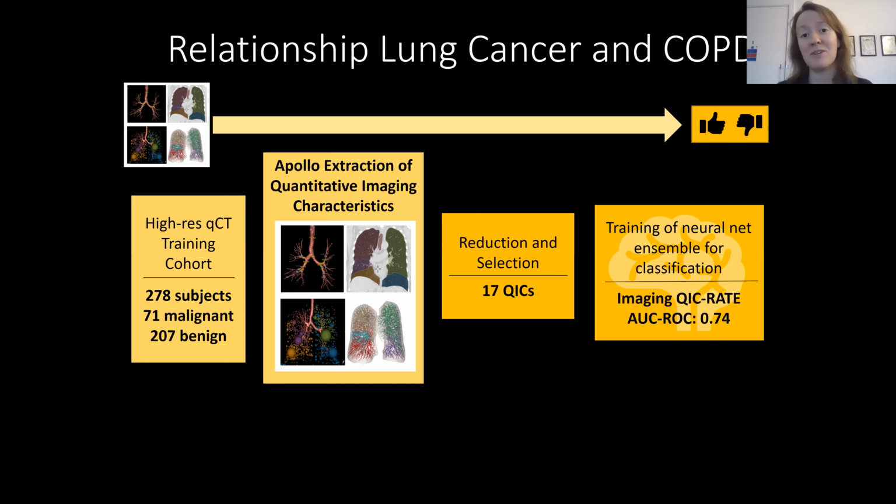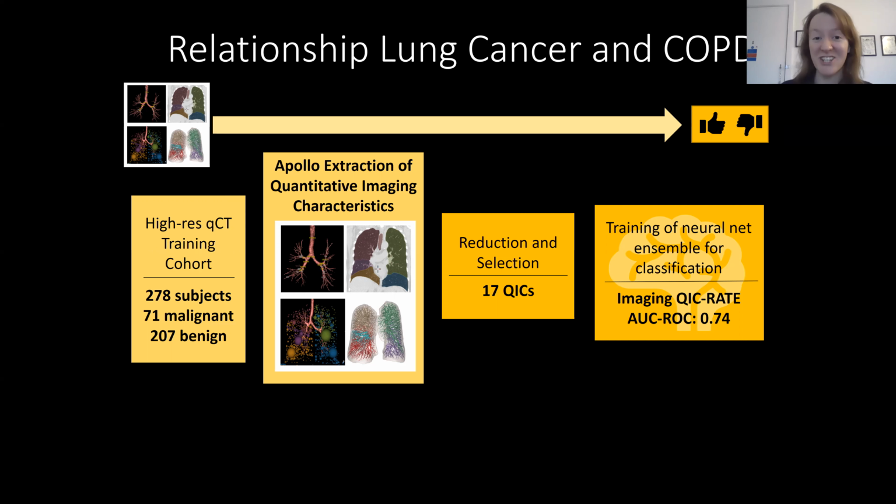And we extracted a set of features that has been related directly to COPD. So different assessments from a proprietary software called Vita Apollo, which has characteristics that have been shown to align really well with subjects with COPD, but they haven't been applied to subjects with COPD and the potential of lung cancer in the suspected lung tumor.